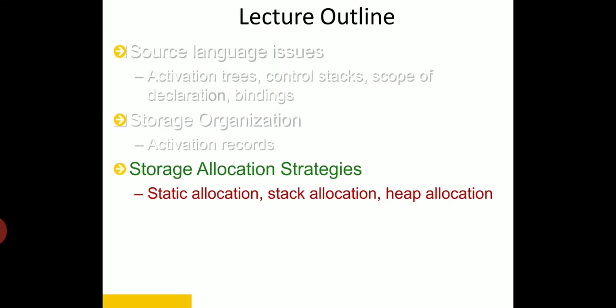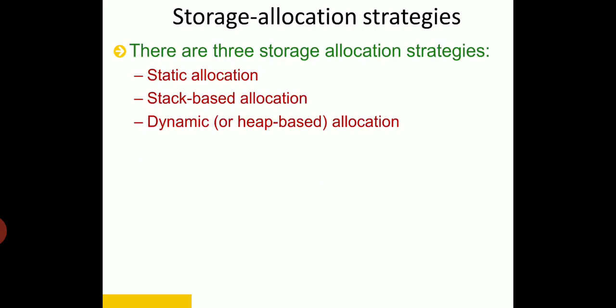Then storage allocation strategy. The different allocation strategies possible for variables are static allocation, stack allocation and heap allocation. In a programming language like Java, if we use the new operator, memory is allocated during runtime.